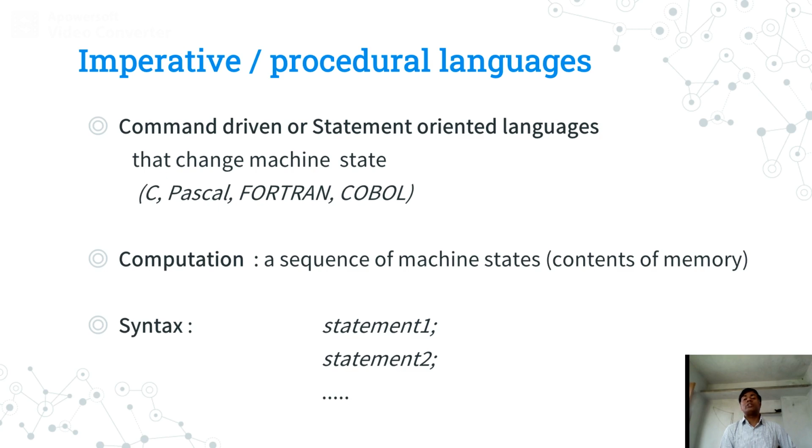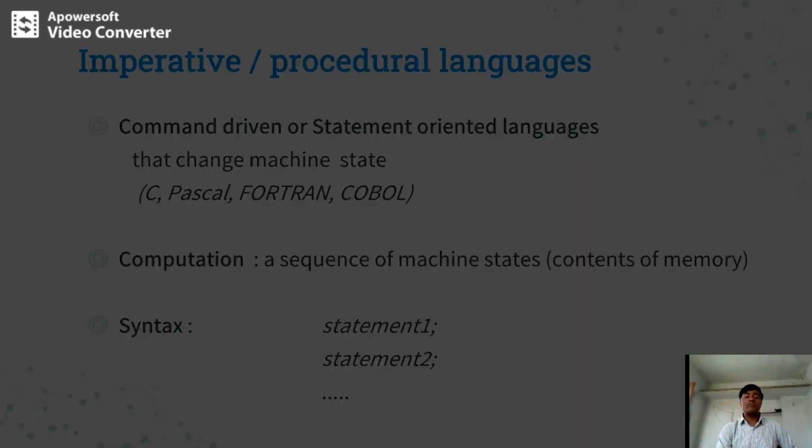C, Pascal, Fortran and COBOL are languages that come under imperative procedural languages. In computation, there is a sequence of machine states, the contents of memory. That means every statement runs in sequence, and once one statement runs, the data in memory changes. So these are called imperative procedural languages.